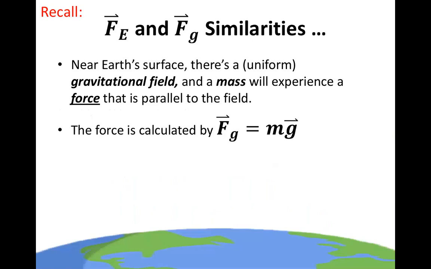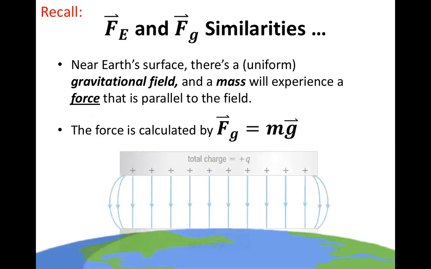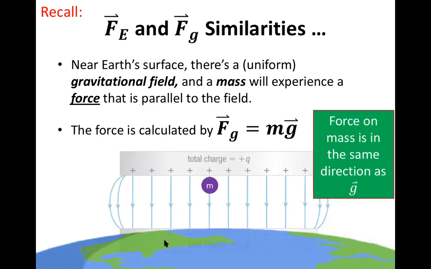So recall that there are similarities between electric and gravitational force fields. And for the upcoming slides, I feel like it's useful to visualize the analogous force of gravity scenario. At least I find that this helps me. So if we visualize the negative plate of the parallel plate scenario as the Earth, objects with mass will experience a downwards force towards the center of the Earth.